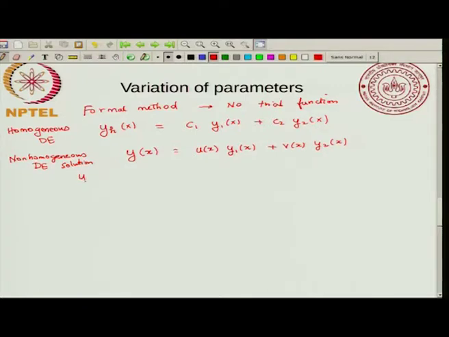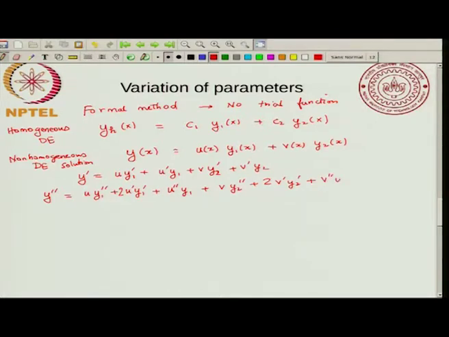You will get y prime equals u y1 prime plus u prime y1 plus v y2 prime plus v prime y2, and then y double prime will be u y1 double prime plus 2 u prime y1 prime plus u double prime y1 plus v y2 double prime plus 2 v prime y2 prime plus v double prime y2.